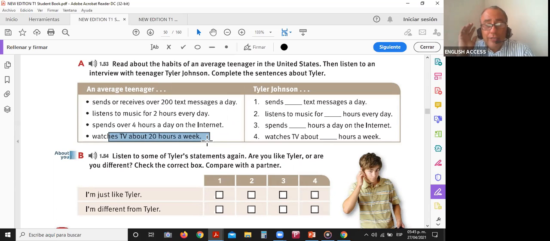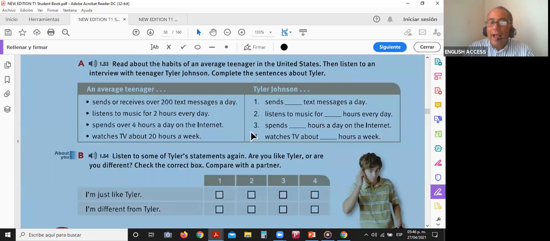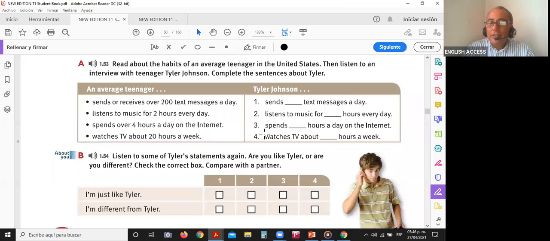We are going to listen about Tyler Johnson: how many texts he sends or receives, how much time he spends listening to music every day, how many hours he spends on the internet, and how many hours he watches TV in a week.